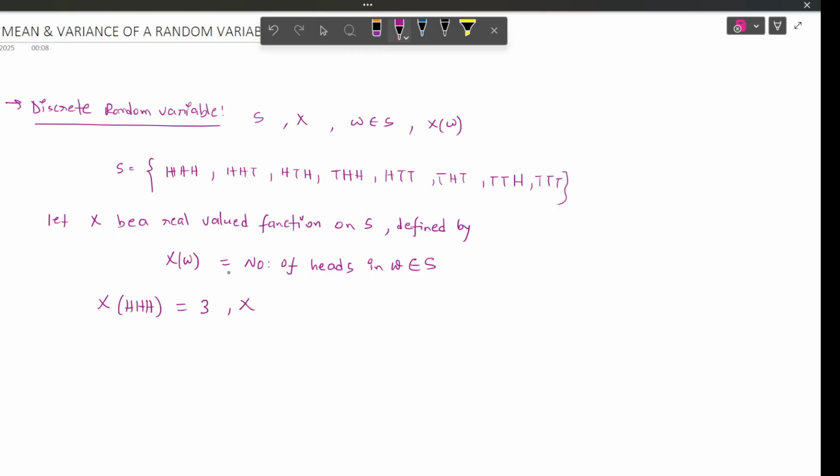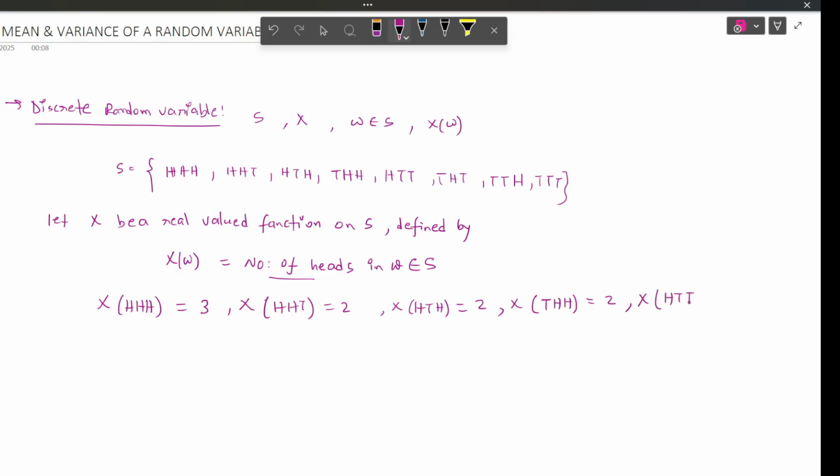Because we are taking the number of heads, X of head head tail, we can say here are 2 heads. Similarly, X of head tail head, there are also 2 heads. X of tail head head, there are also 2 heads.